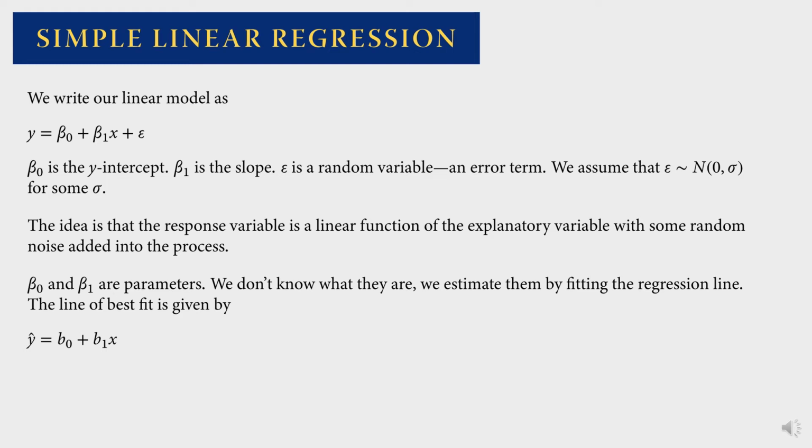Beta 0 and beta 1 are unknown parameters that we're trying to estimate with the least squares line. b0 and b1 are the coefficients we get from fitting the line. In the last example, I had b0 equals 0.4737 and b1 equals 1.1579.